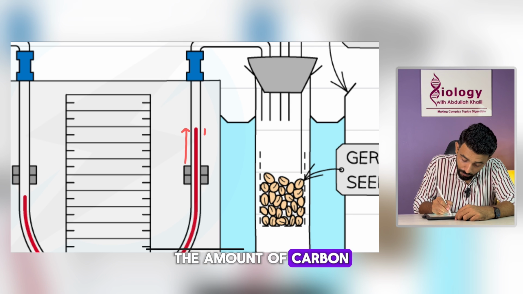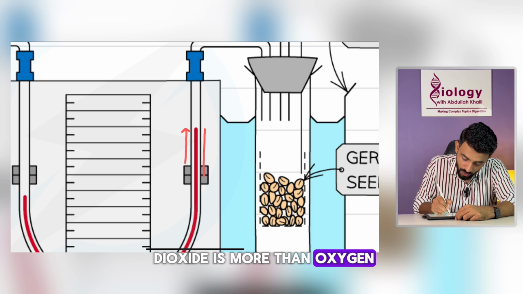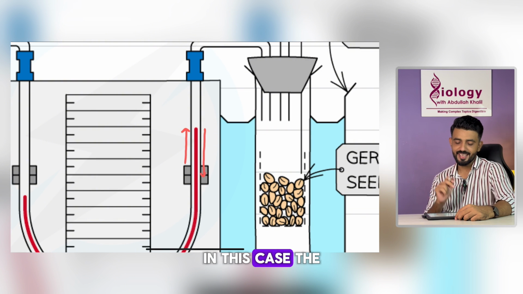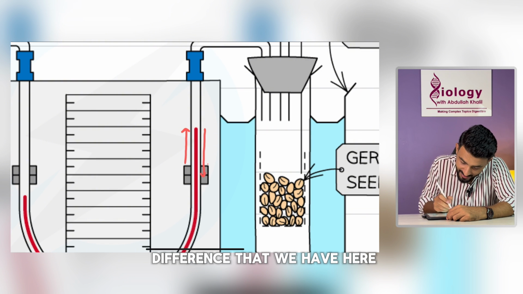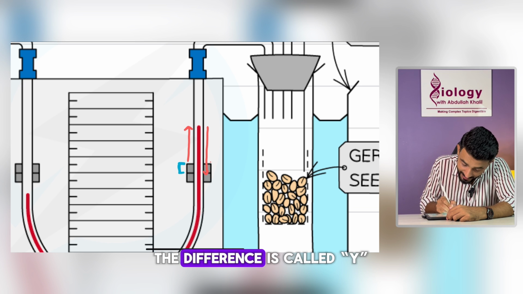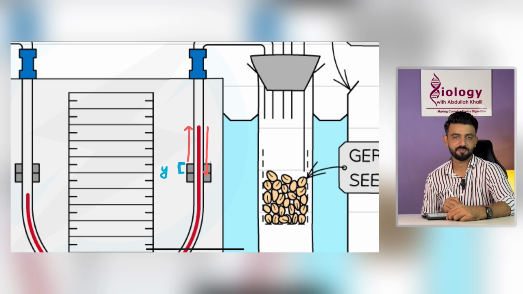The amount of carbon dioxide is more than oxygen. It is this. In this case, the difference that we have here from the initial value is only this. The difference is called Y.